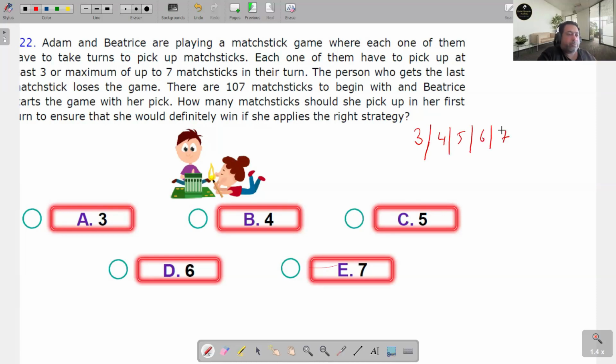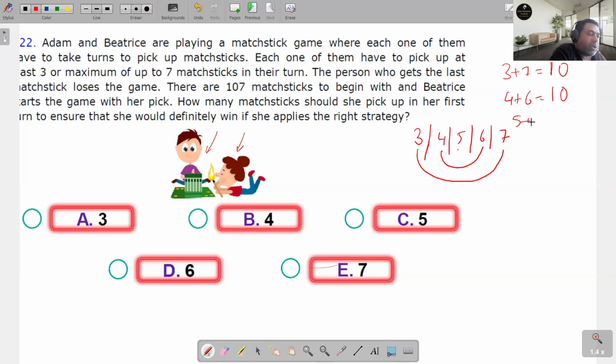Now, what numbers can you make to complement whatever the other person is picking? 3 plus 7 is 10. 4 plus 6 is also 10. And 5 plus 5 is also 10.